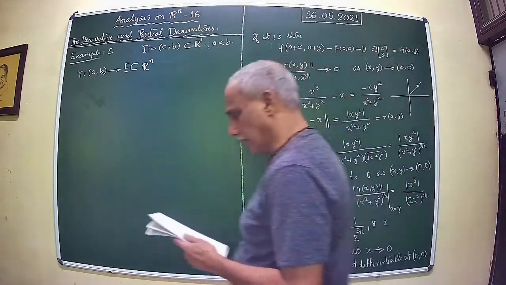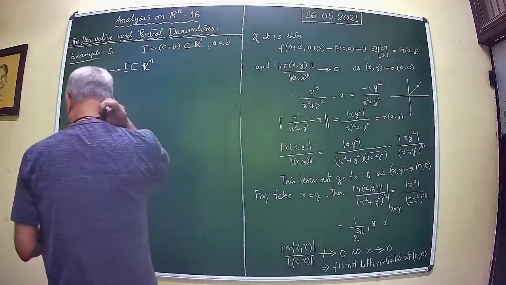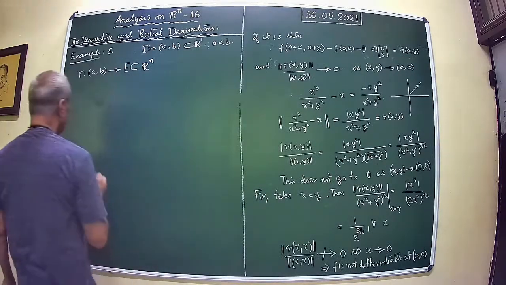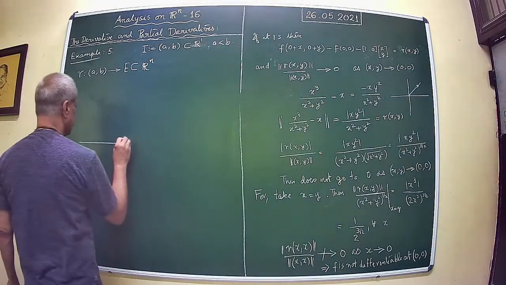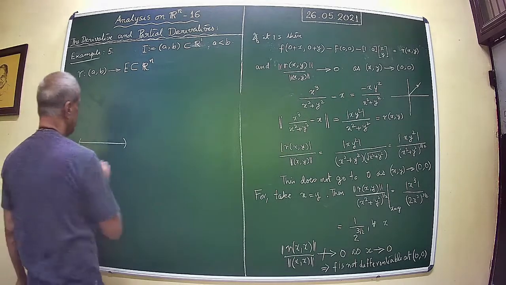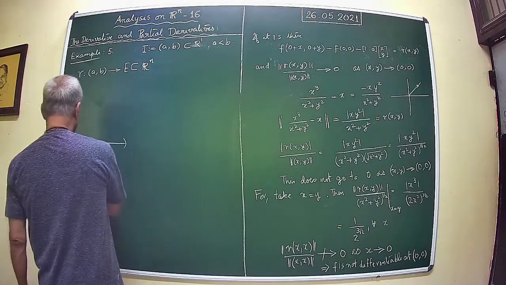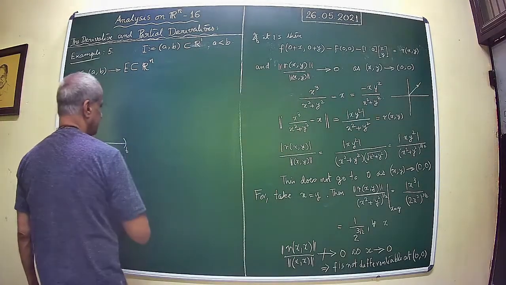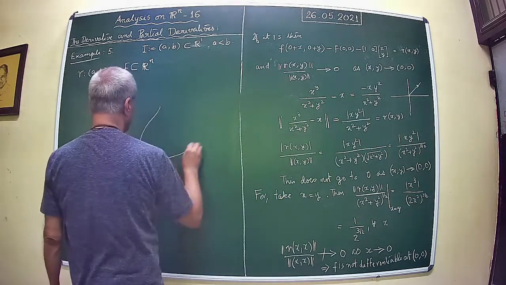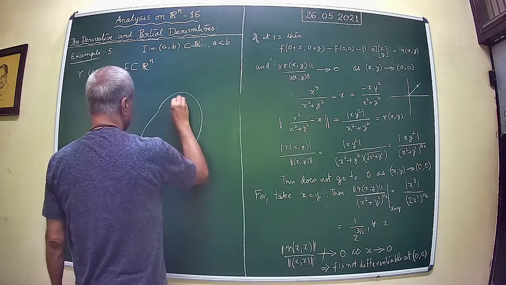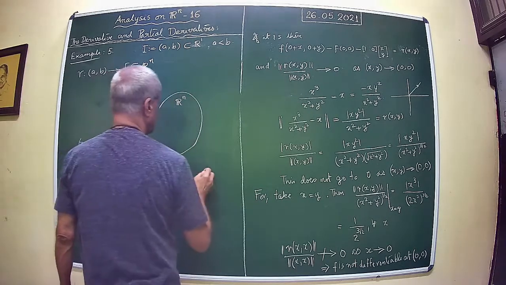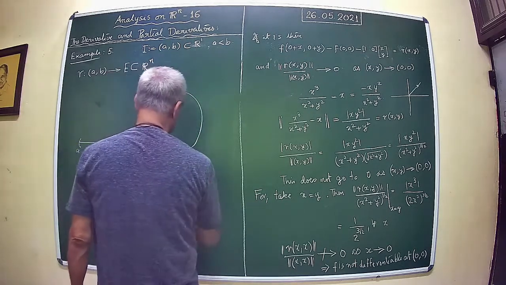So this is to R. Now the scenario is this. You have the interval AB of the real line, and then you have Rn.